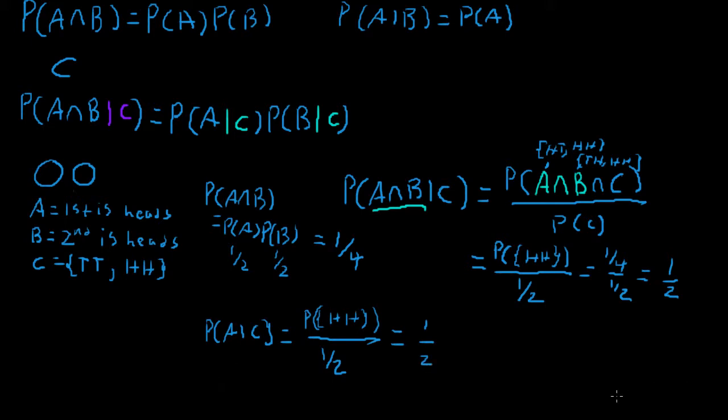And the probability of B given C is also a half. So the product of these two is a quarter. So if I'm given C, if I'm told that the coins either came up tails, tails, or heads, heads, then the probability that they're both heads is a half. But if I multiply the two probabilities together, then I would get a quarter. So, given C, the events A and B are not independent.